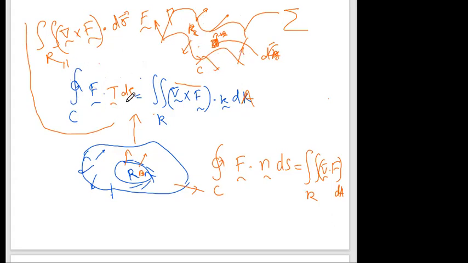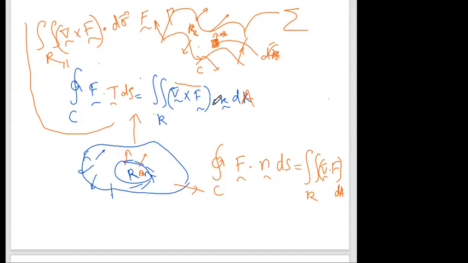Using these theorems, this can be computed very easily. You can compute this line integral for a closed curve, but if you have these identities, you can compute this integral easily. All right, this is the first version of Green's theorem.